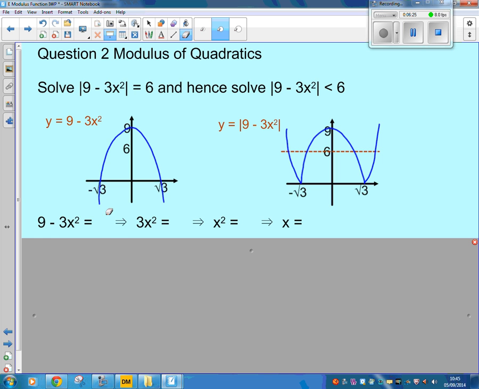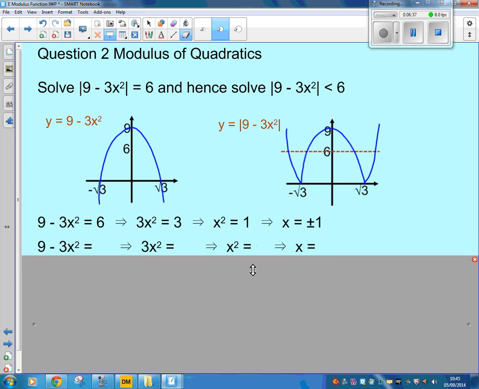9 minus 3x squared equals 6. That gives you that 3x squared moves over here, is the same as 9 minus 6, 3x squared is 3, x squared is 1, x is plus or minus 1. What about when it's minus 6? 9 minus 3x squared is minus 6, and modulus of it is 6, means that it could equal 6 or minus 6.